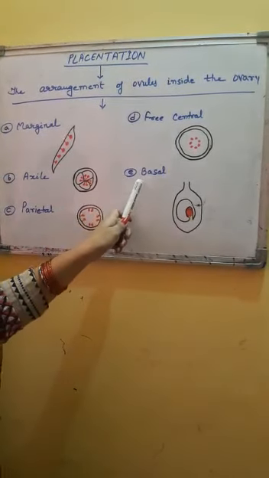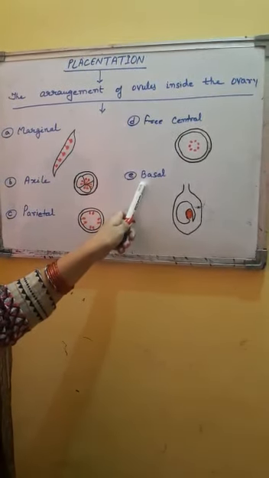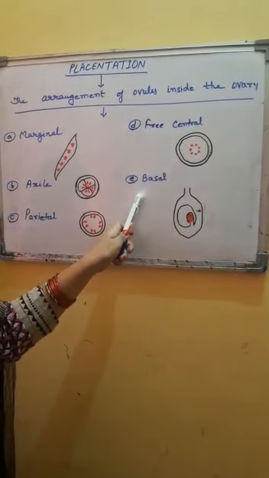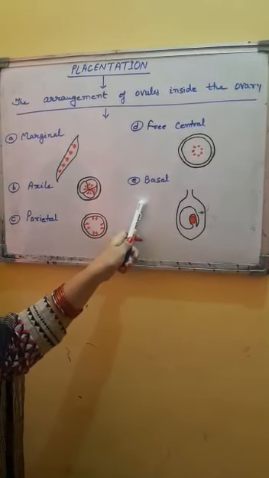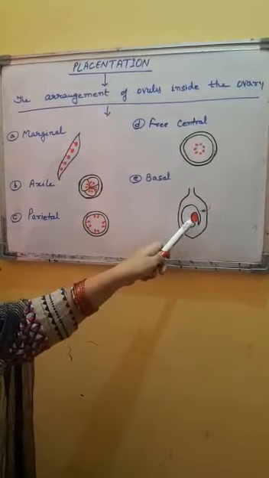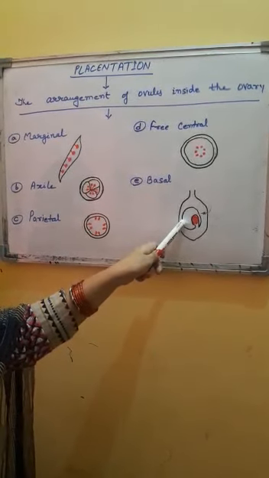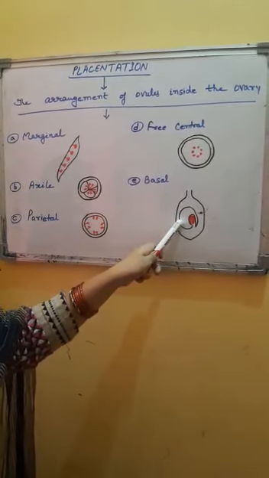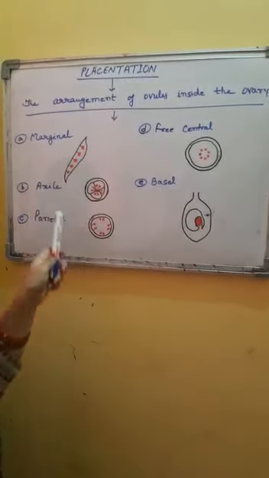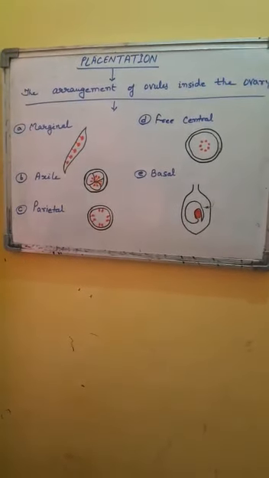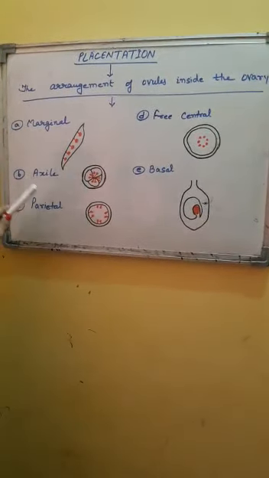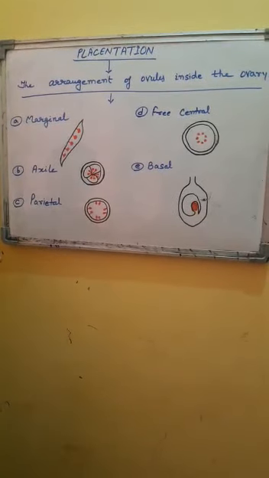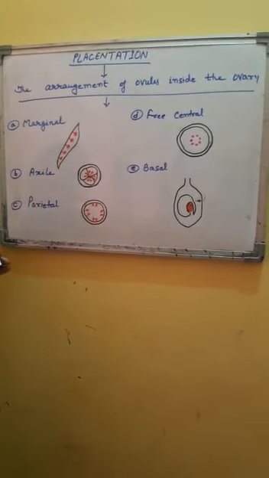And the last type of placentation is called basal, where a single ovule is found at the base of the ovary. Example, sunflower and marigold. So these are 5 types of placentation, or 5 types of arrangement of ovules inside the ovary.